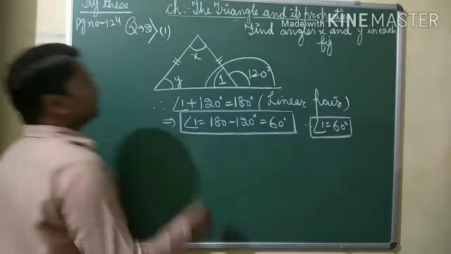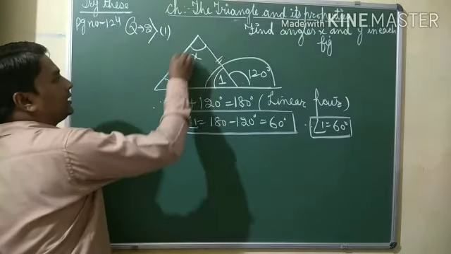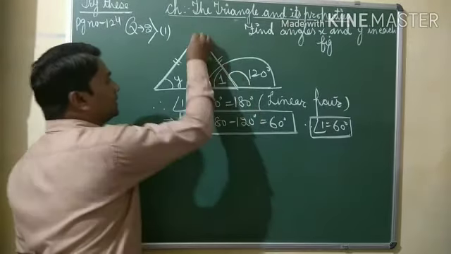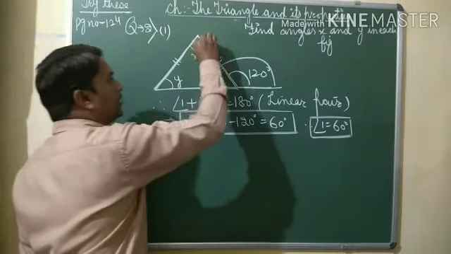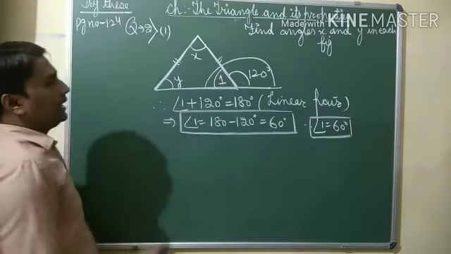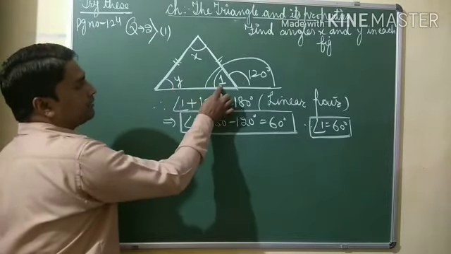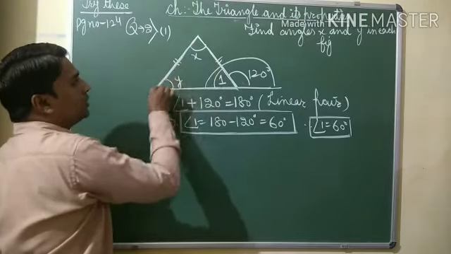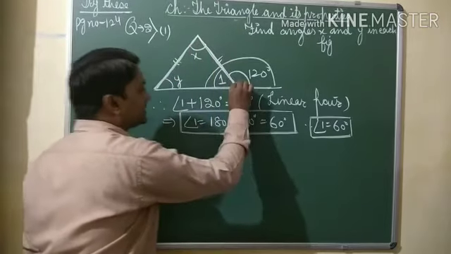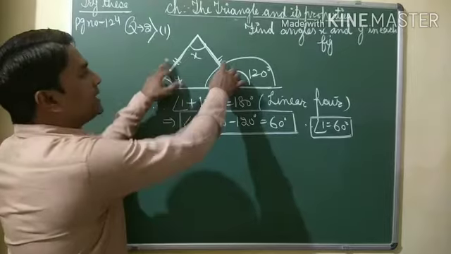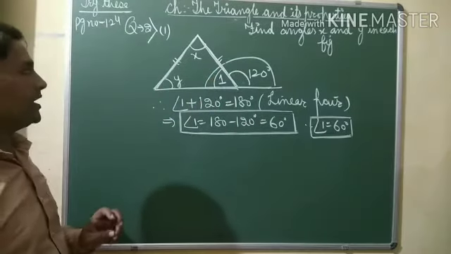Now again we can see that in this triangle, these two sides are of equal length, and angle 1 and y are the two angles which are opposite to these two equal sides. And we know that angles opposite to equal sides are of equal measure.